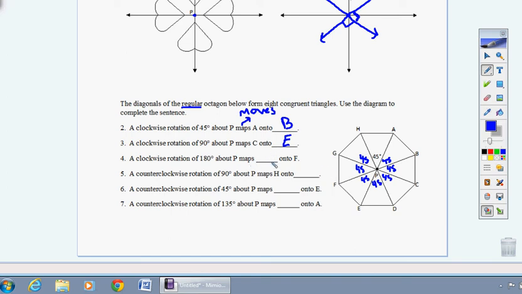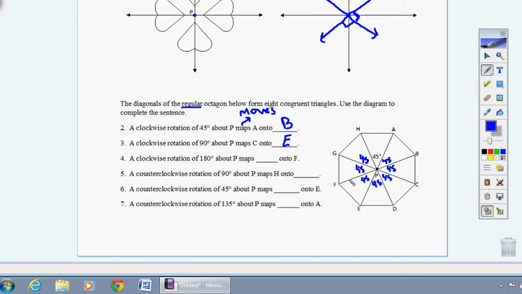Number 4 says a clockwise rotation of 180 degrees about P maps what point onto F? So I want to know what point, if I rotate it 180 degrees, will land on point F. Well, a couple ways you could do this. You could just literally look right across and you'll see point B, or we could start at point F and rotate back 180 degrees and see where we end up.